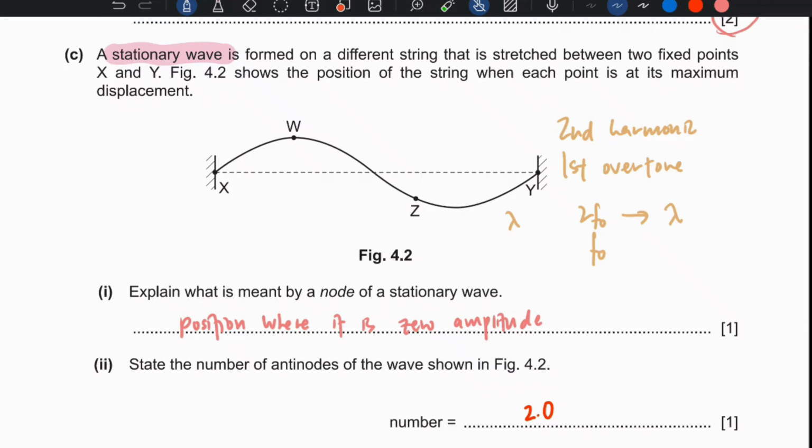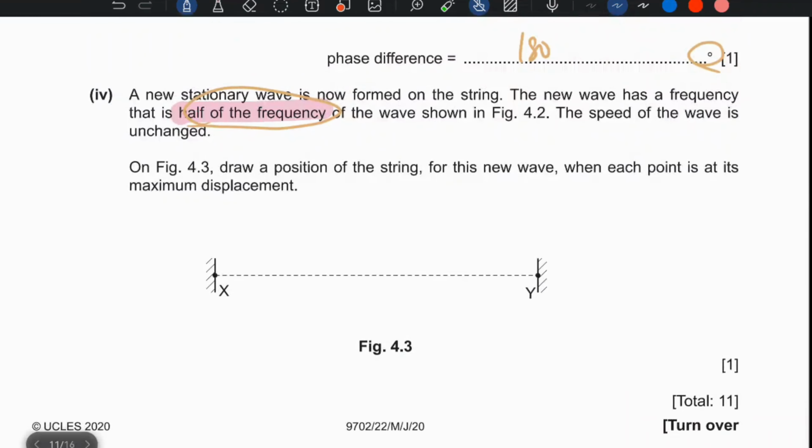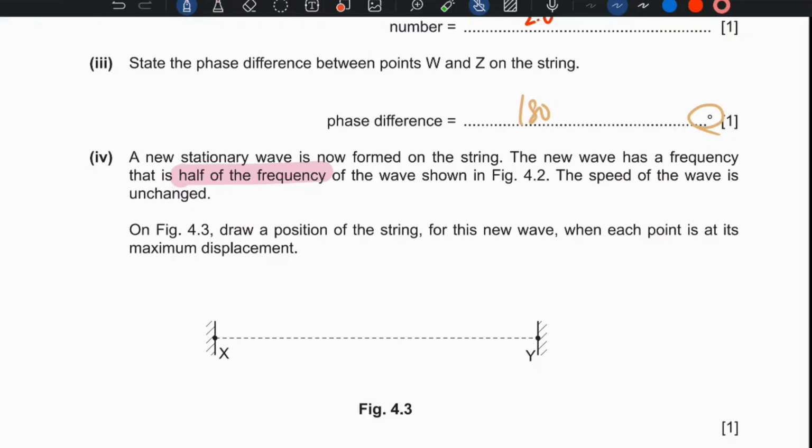So 2f gives you lambda, 1f will give you half the lambda. So that means you have to draw only half a lambda here. Let me redraw this again. Half a lambda here.